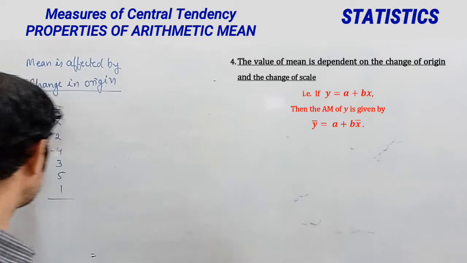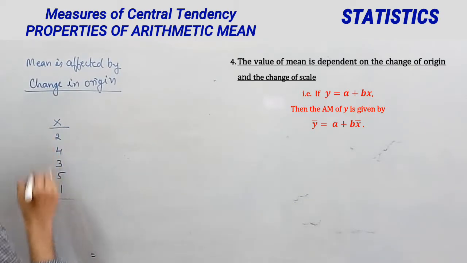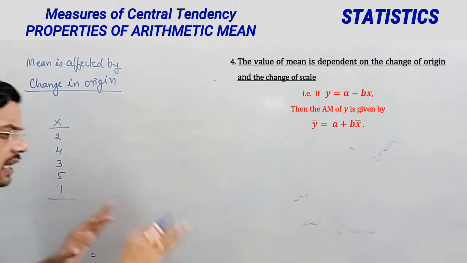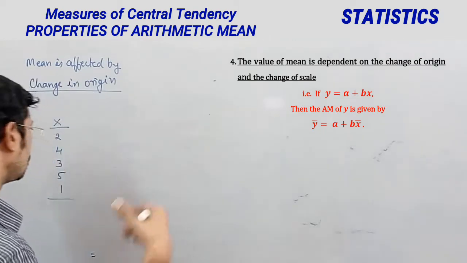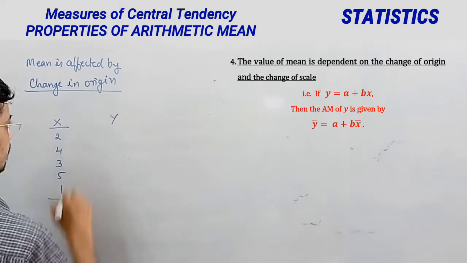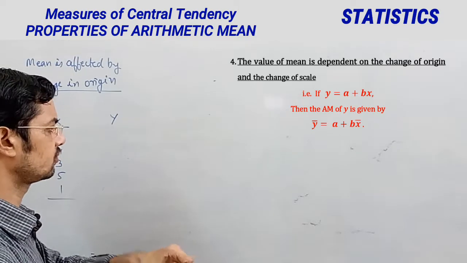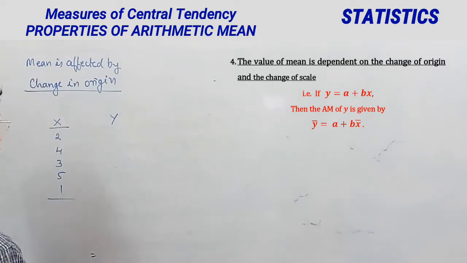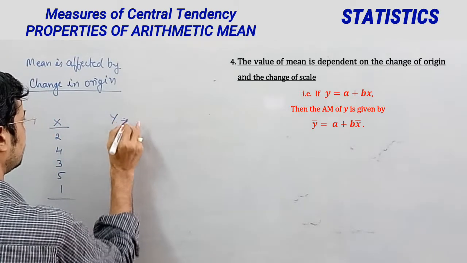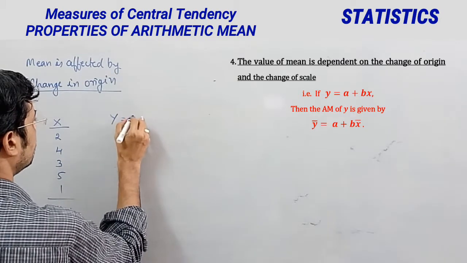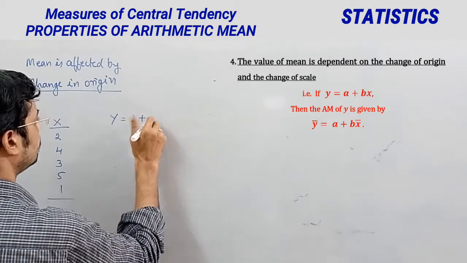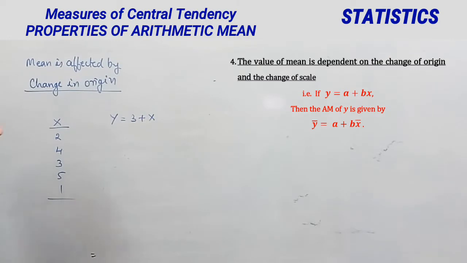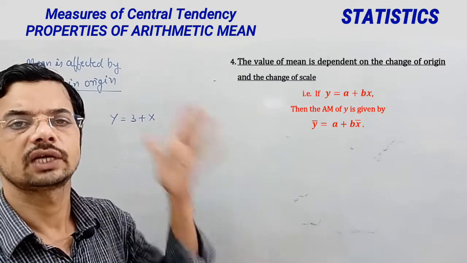So x is the data set. If I create a new variable y by adding 3 to each of the x values.